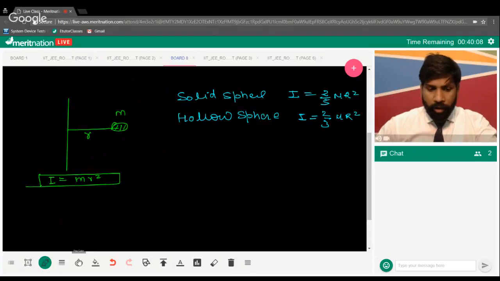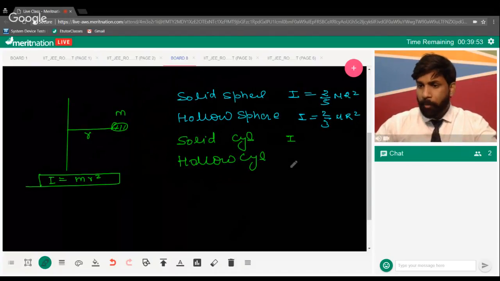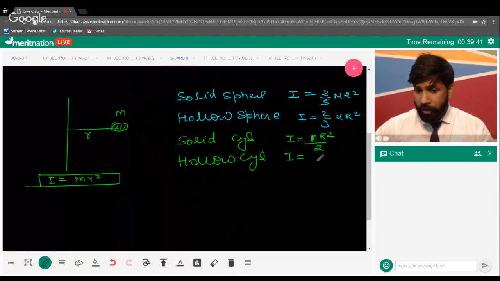Okay, good. And what about the solid cylinder and hollow cylinder about its axis? Yeah, for solid cylinder it is mr square by 2, and for hollow cylinder mr square.